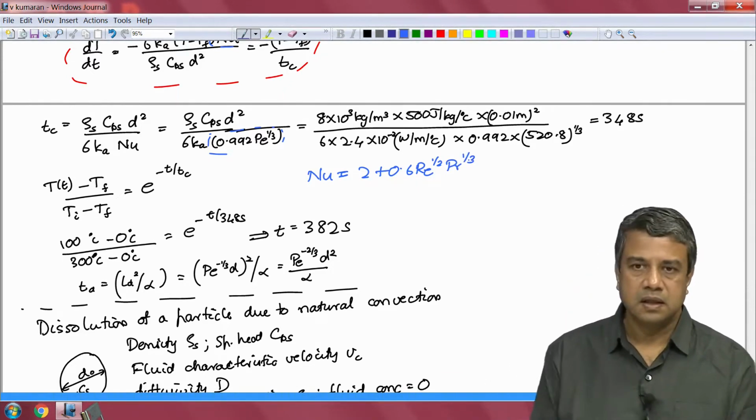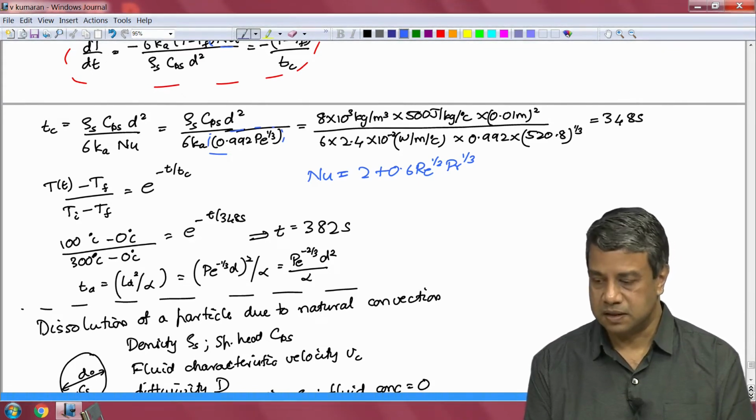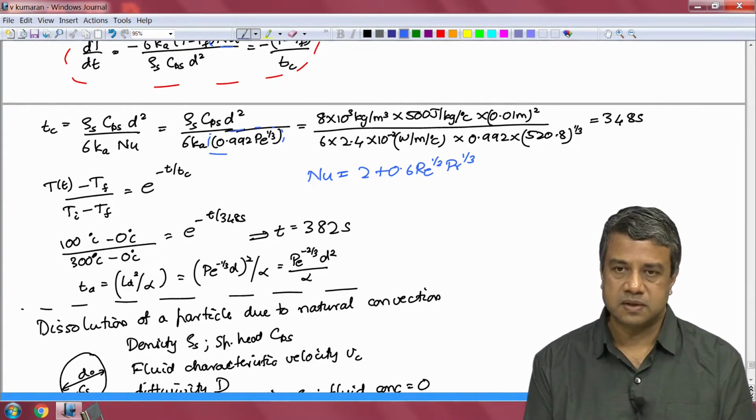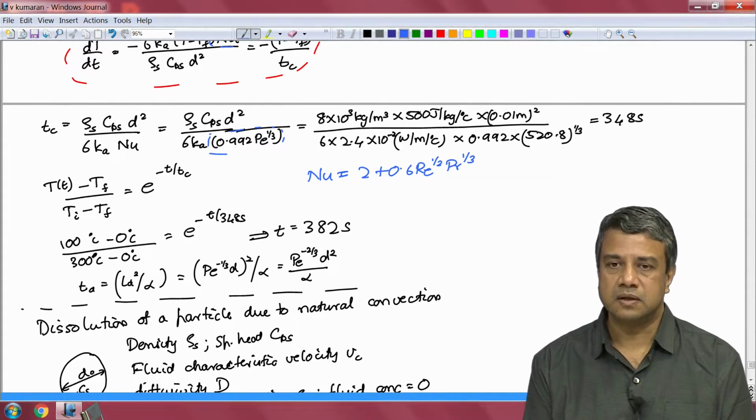You could use this as well depending upon the situation. In order to get an estimate for design purposes, you would solve the problem using both correlations and use the more conservative estimate in order to guide your design decisions.